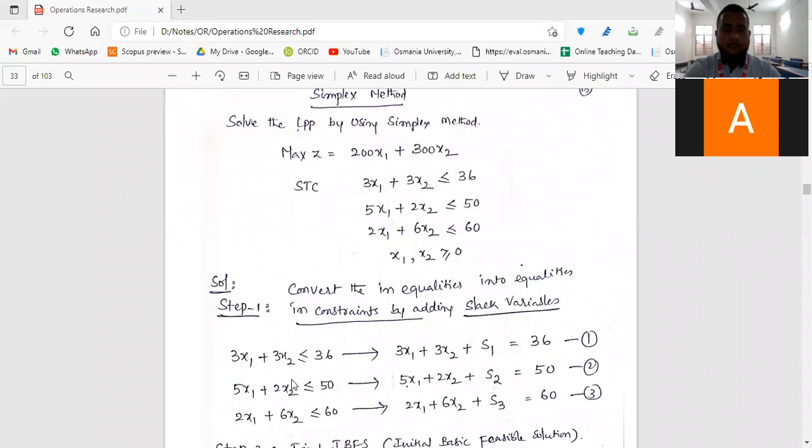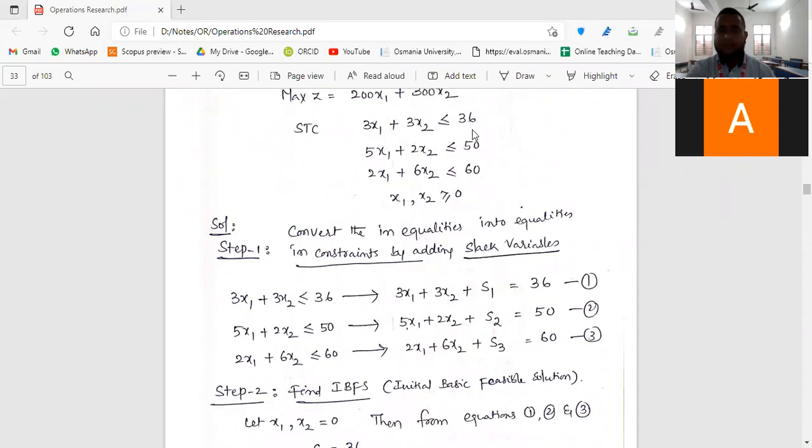So what are the inequalities you see here? These equations are unequal equations because there is no equal symbol here. So 3x1 plus 3x2 less than or equal to 36, 5x1 plus 2x2 less than or equal to 50, 2x1 plus 6x2 less than or equal to 60.